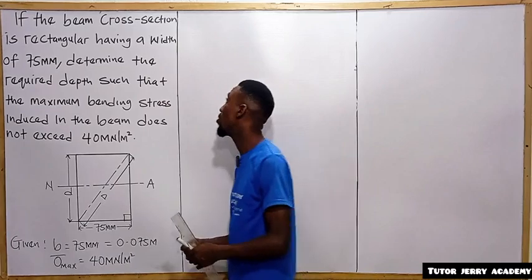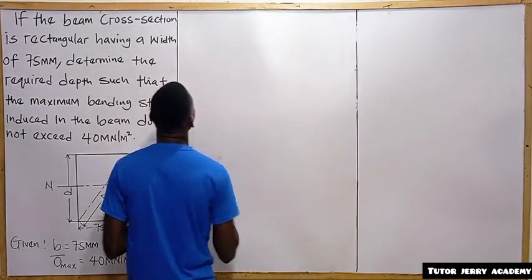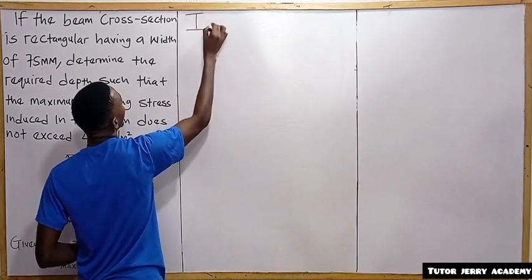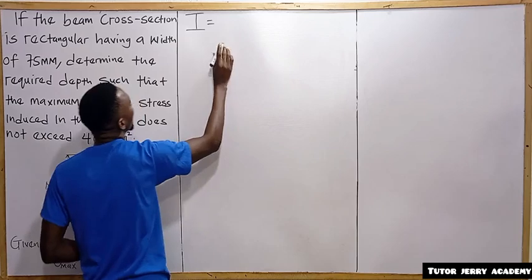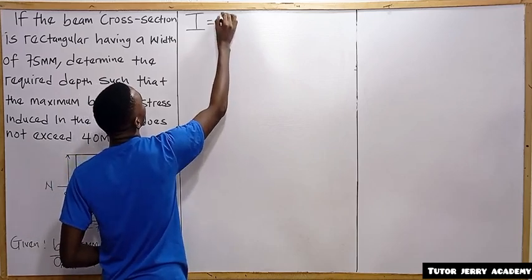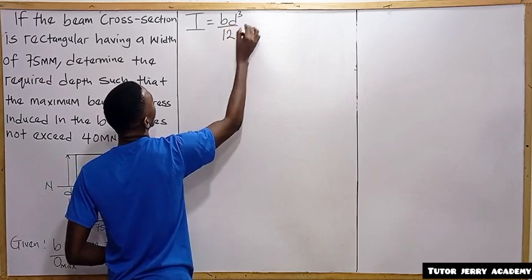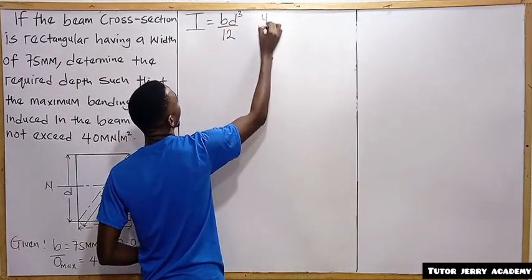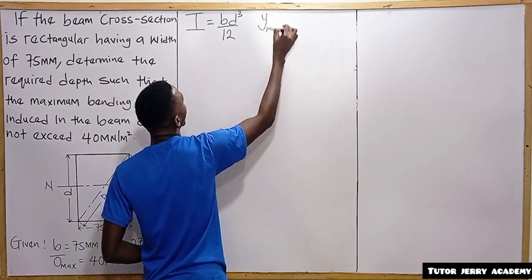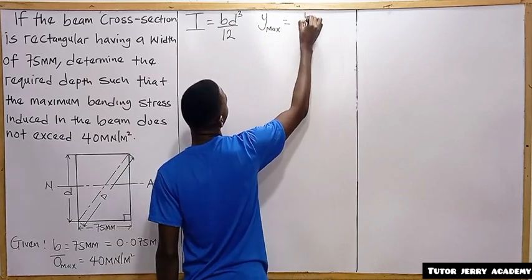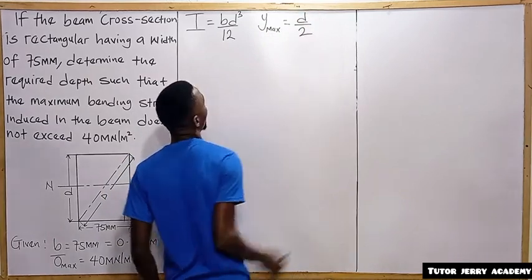Alright, so for us to solve this question, you are going to recall carefully that the moment of inertia of a rectangle is given to us as what? bd cubed over 12. And the y max, that is the distance from the bottom to the neutral axis, is given to us as depth divided by 2.